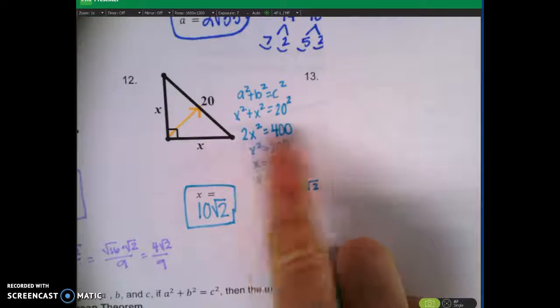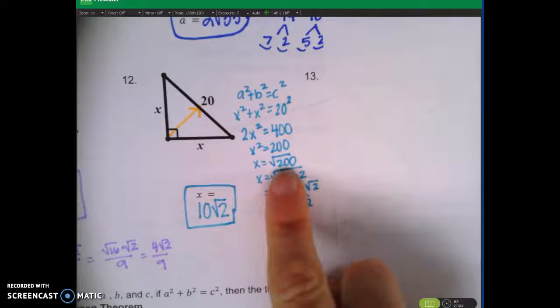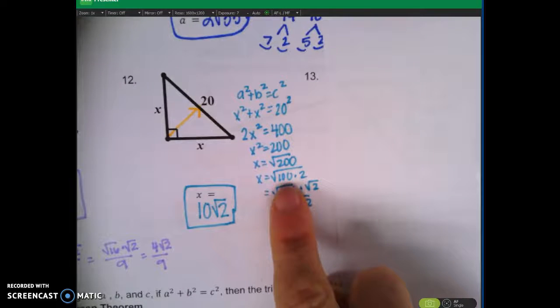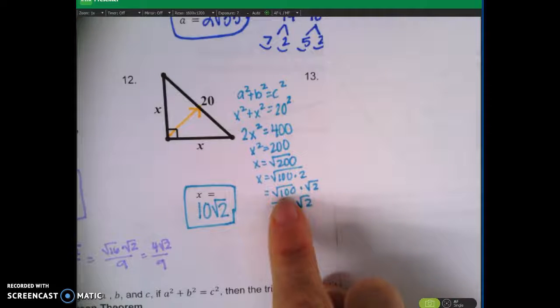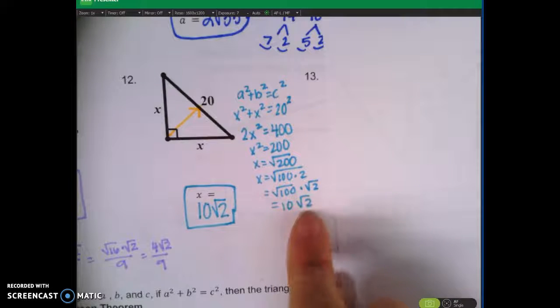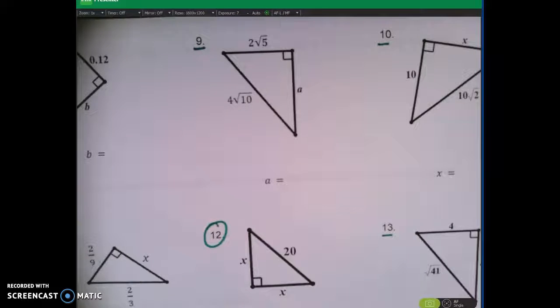So I have to divide both sides by 2 to get x squared equals 200. Then take the square root of 200, which I know is 100 times 2. The square root of 100 is 10, and the 2 stays inside. So 10 radical 2.